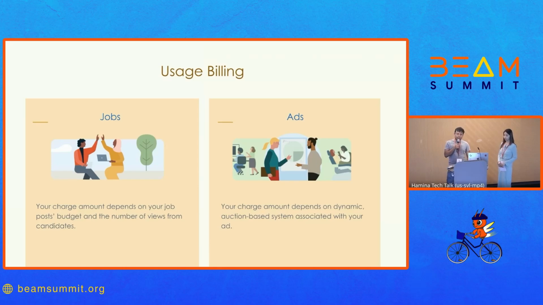Similarly, we do it for ads, which although it's more auction based, the price is predetermined based on some of the factors and criteria you select. But eventually, you do get a streaming list of prices on the usage billing platform, and you charge them based on certain thresholds, which I talked about earlier. Again, these two are heavily monetary systems because you want to make sure that you're charging customers accurately for the usages they consume.